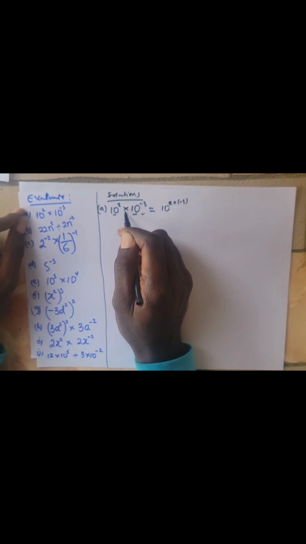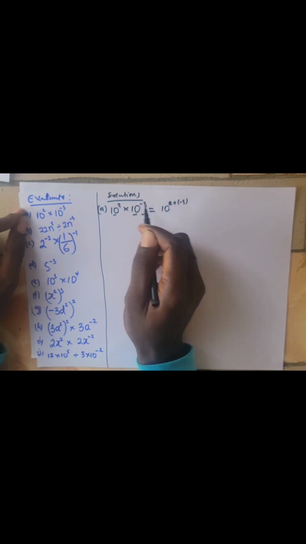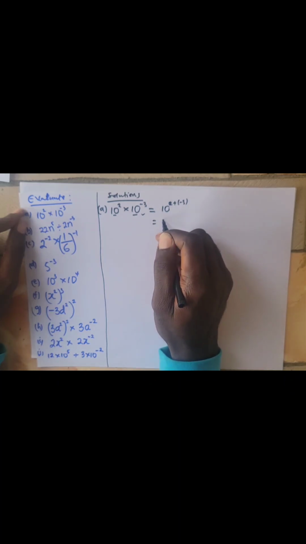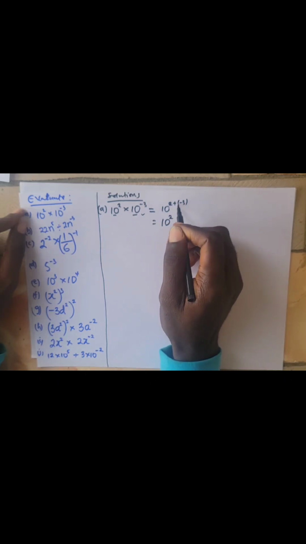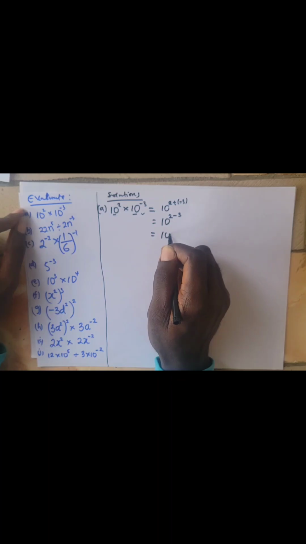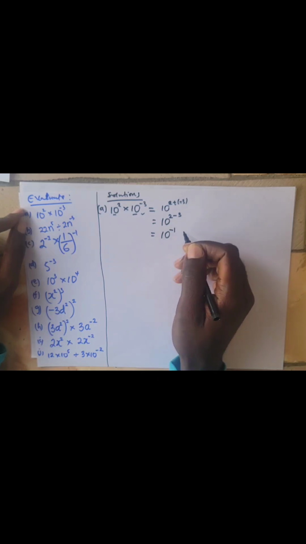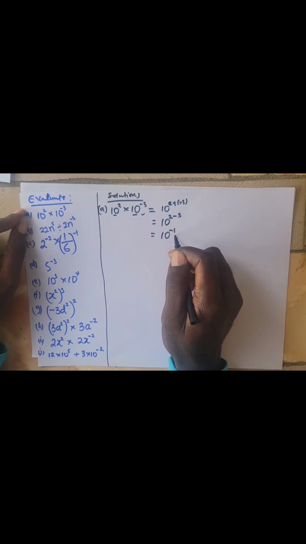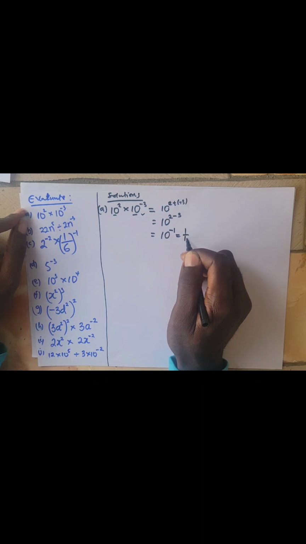This plus is for this times, then the minus 3 is still there. This is 10 raised to the power 2 plus, open the bracket, minus 3, because plus times minus is minus. What do you have? 10 raised to the power minus 1. 2 minus 3 is minus 1, which is equal to 1 over 10. You can go on to say 0.1.